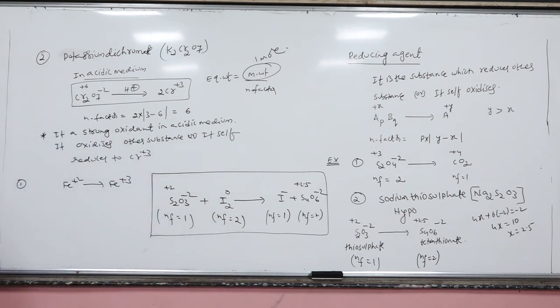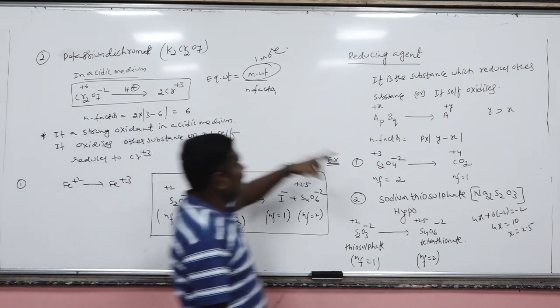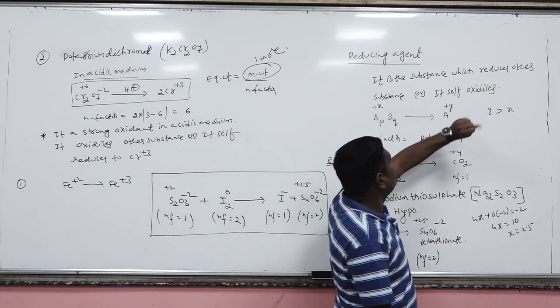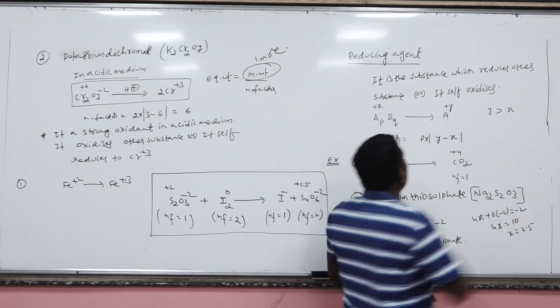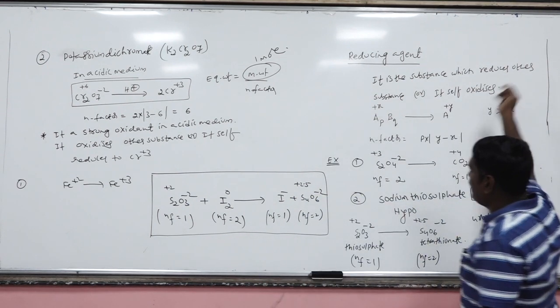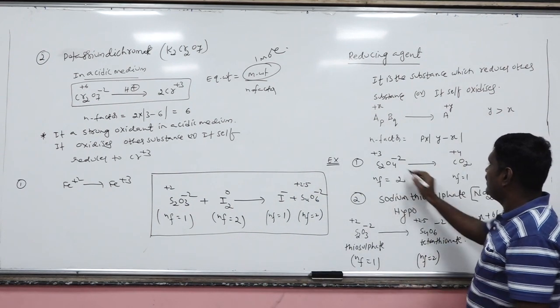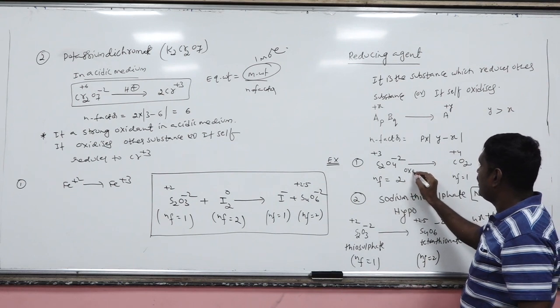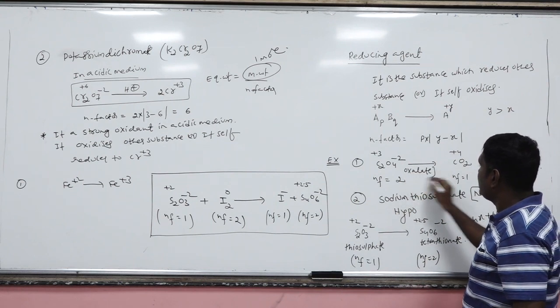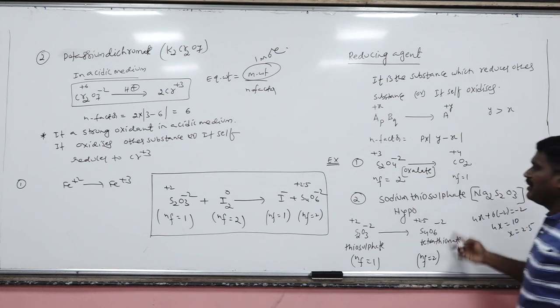So a reducing agent easily undergoes oxidation, or reduces the other substance. Example, number 1, oxalate. Number 2, sodium thiosulfate.